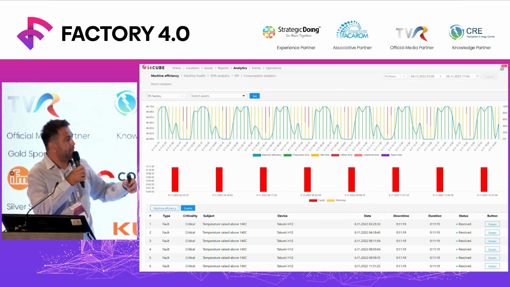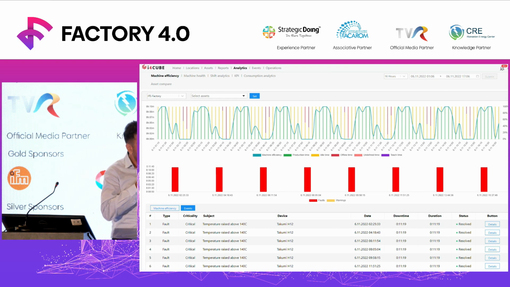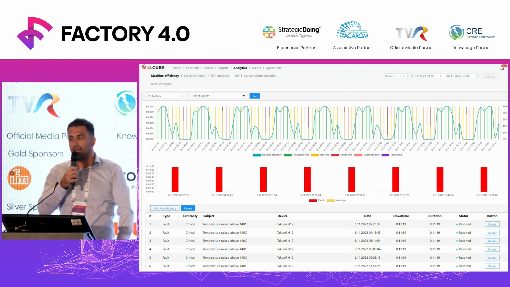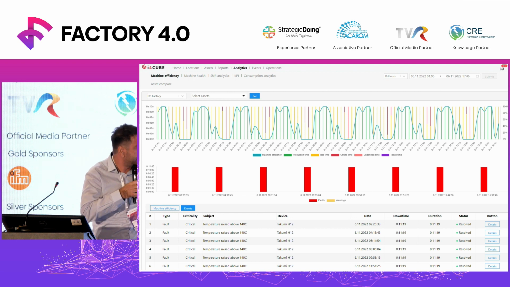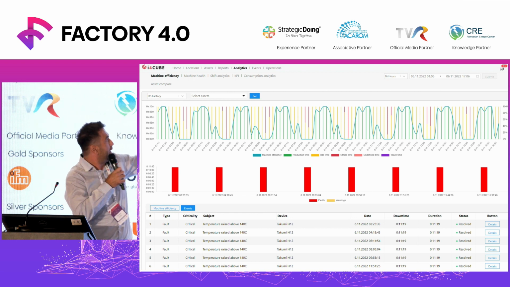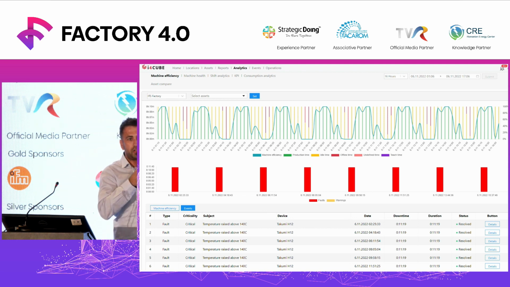Yeah, this is one example. Here are the events. Each time an event happens, you see here a red marked downtime which it produced, and here below is a list of events which are shown on the line here, and this blue line is basically our production efficiency.